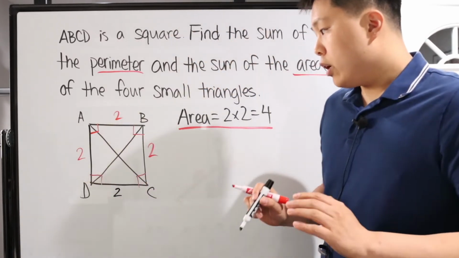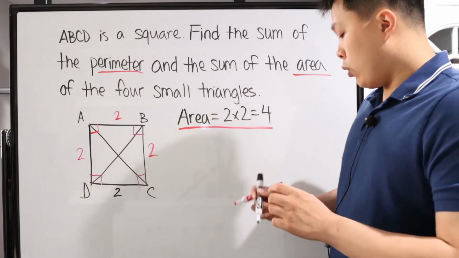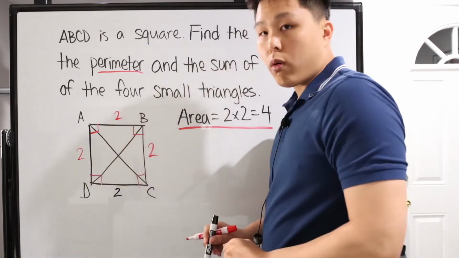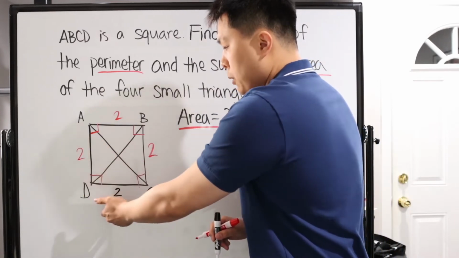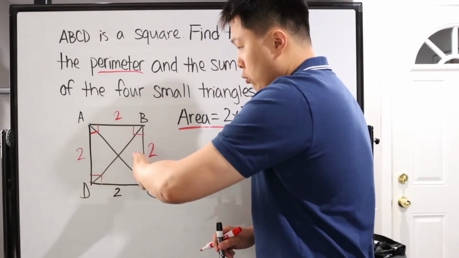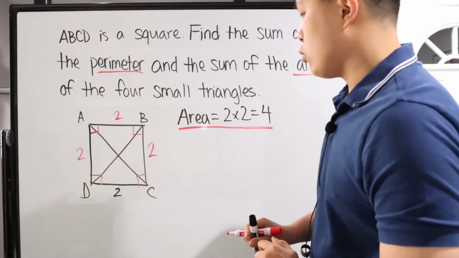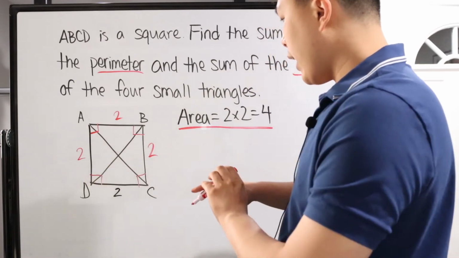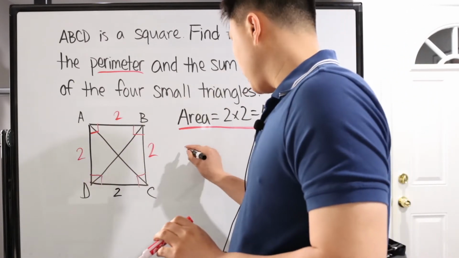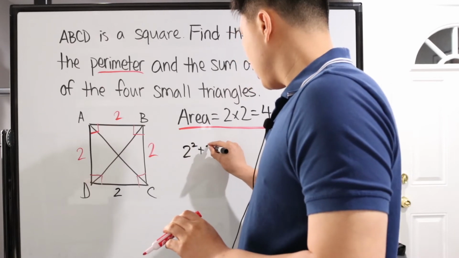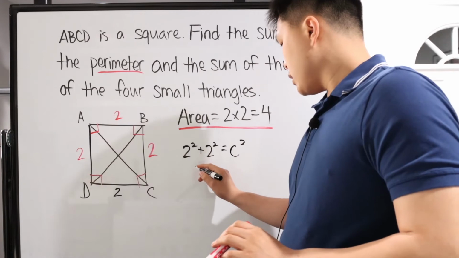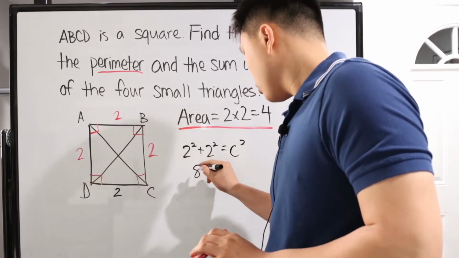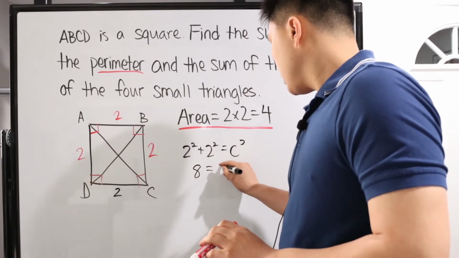Excellent. Now, the other thing we know is that, since these are all right angles, we know the Pythagorean theorem, a squared plus b squared equals c squared, which gives us the diagonal. Great, that's what we need. So, if we have a squared plus b squared, which is going to be 2 squared plus 2 squared equals c squared, 2 squared is 4, 4 plus 4 is 8, total, equals c squared.